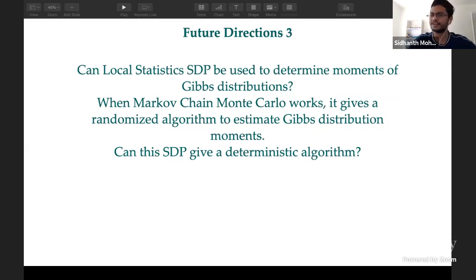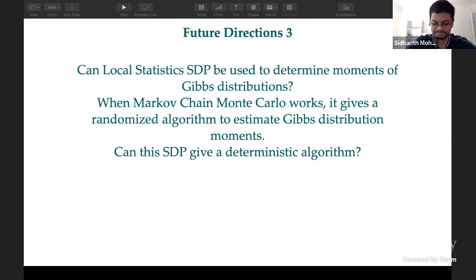And here's another direction: to try to apply these ideas beyond the realm of Bayesian inference. In particular, let's say you want to determine moments of Gibbs distributions for your favorite problem.